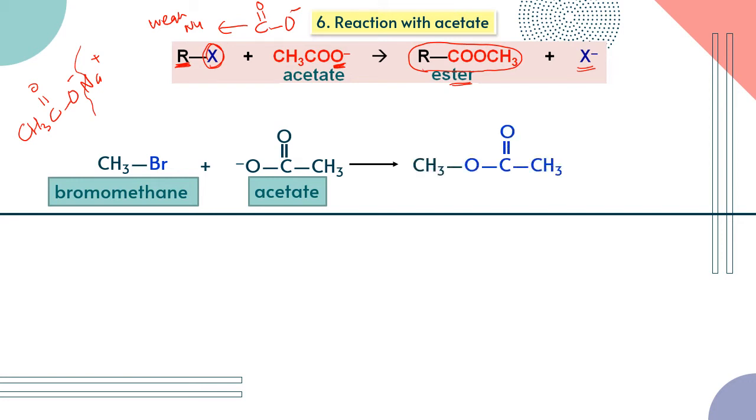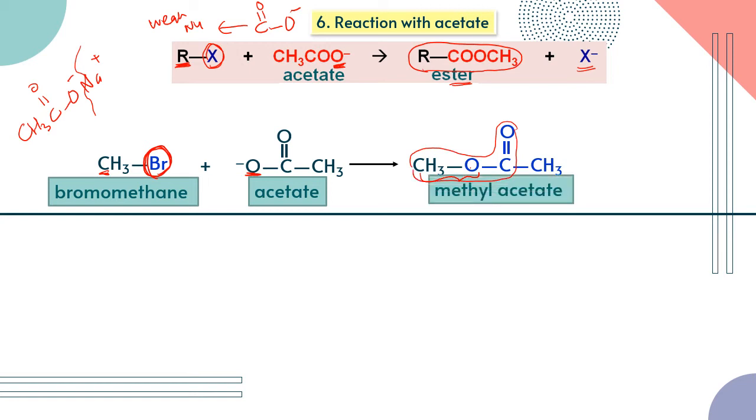The acetate will replace the bromine, which becomes the leaving group. This carbon will be bonded to this oxygen. So over here we have the new carbon-oxygen bond, and since we have C double bond O, O and C, we have our ester.